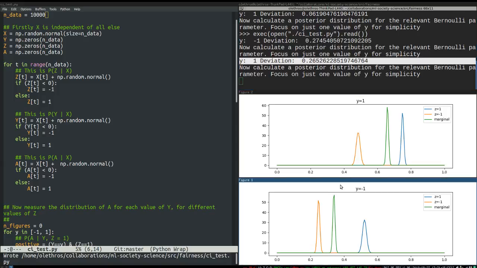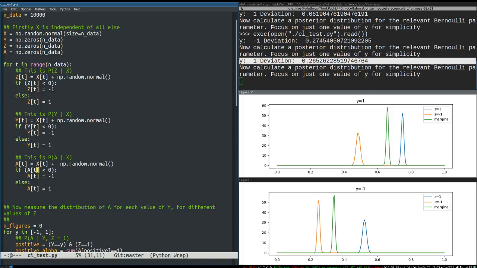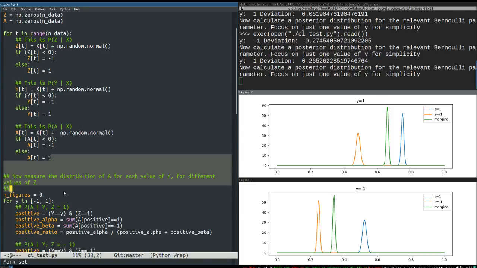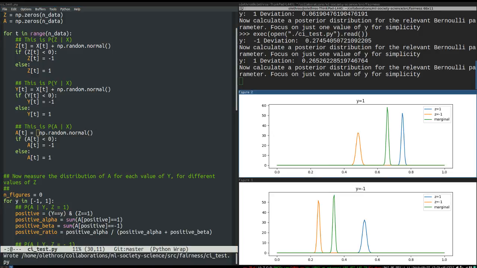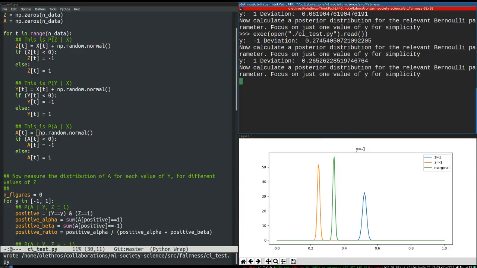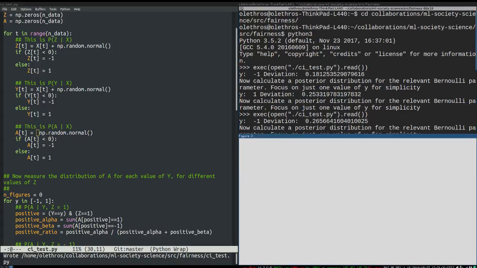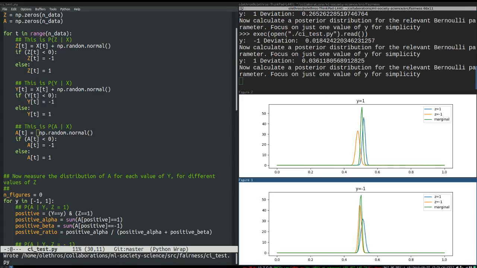Now, if you make the data independent, so let's make A just random, then we should see that the distributions are the same, or more or less the same. So they are the same, and the deviation itself is kind of small as well.